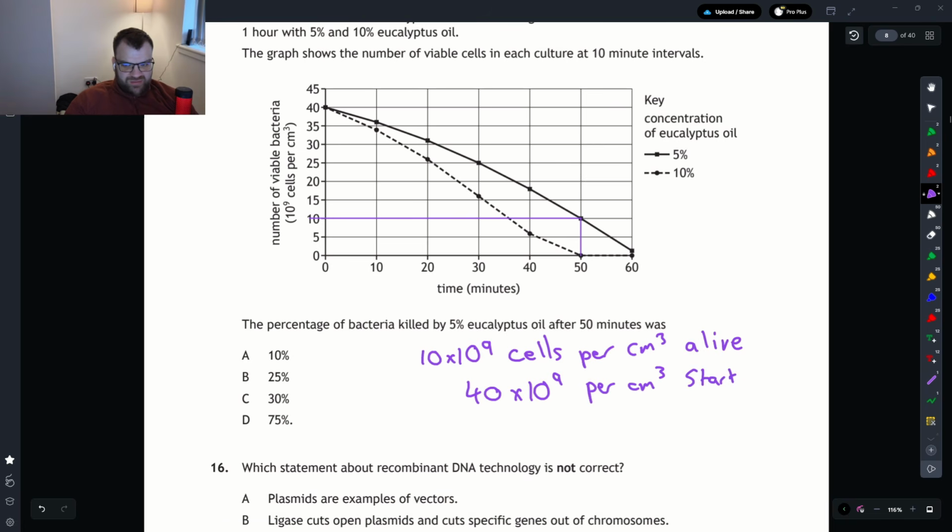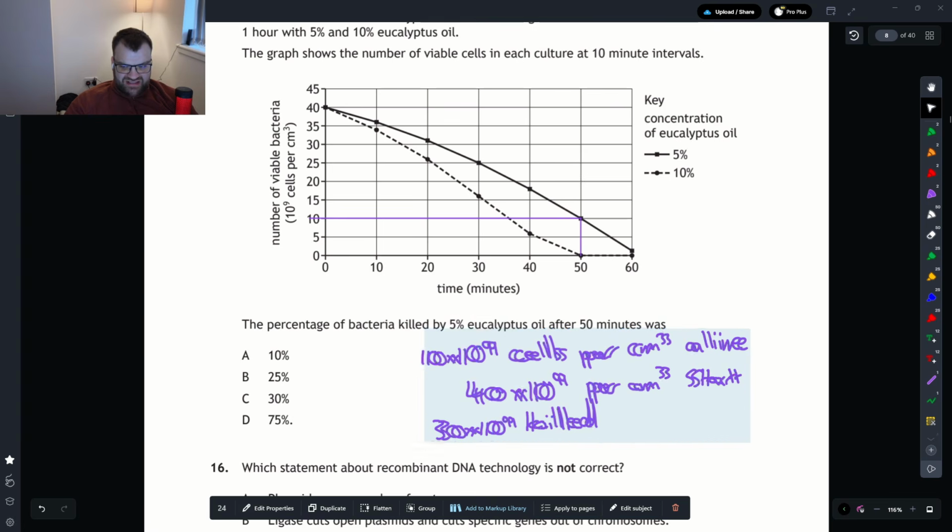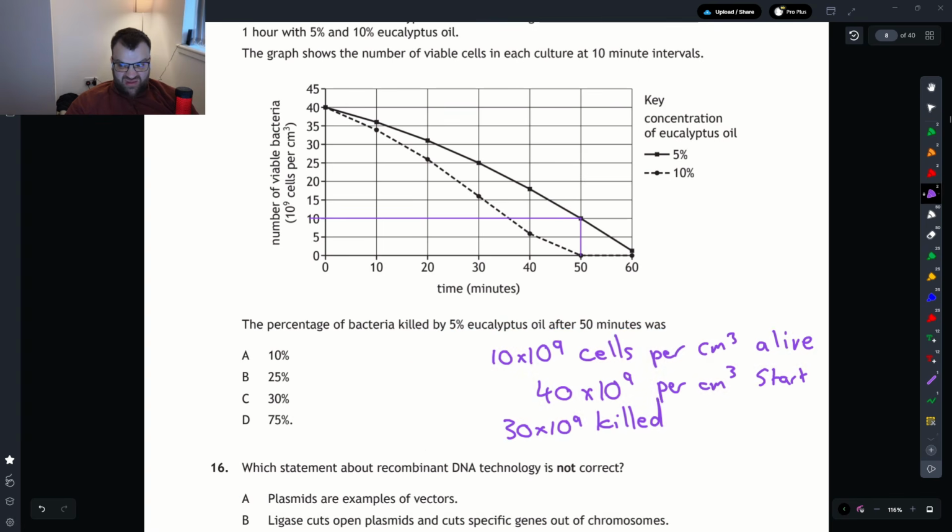Importantly, we have to work out how many died. So if you started with 40 times 10 to the power of 9 and you have got 10 times 10 to the power of 9 left, that means that 30 times 10 to the power of 9 were killed. We have to turn this into a percentage. That's like when you get a test score, where you do how many you got correct divided by how many in total times 100. So in this one, it's how many fall into our category.